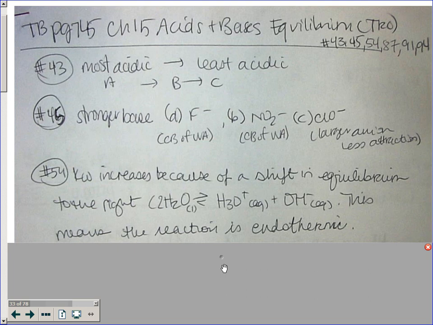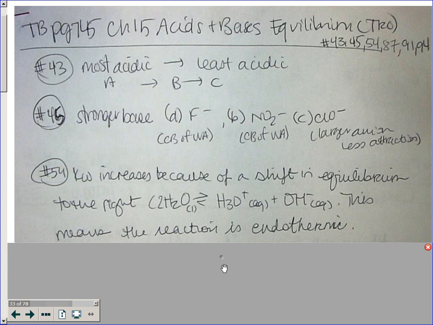F minus and hypochlorite. Okay, so just stronger base. Okay, so the stronger base is going to be the one that is able to accept an H plus easily, and we'll talk a little bit more about bond strength and also anion or cation size.